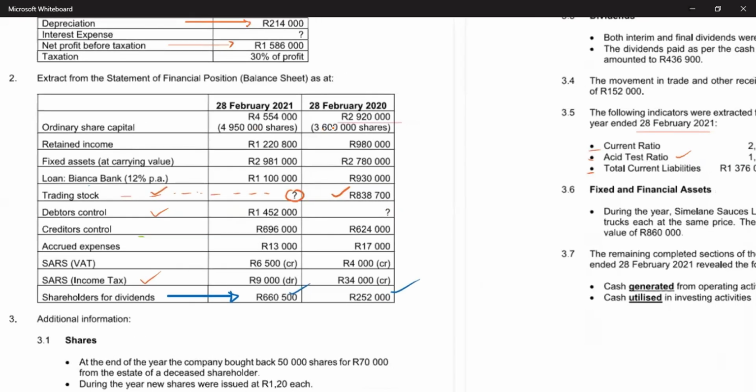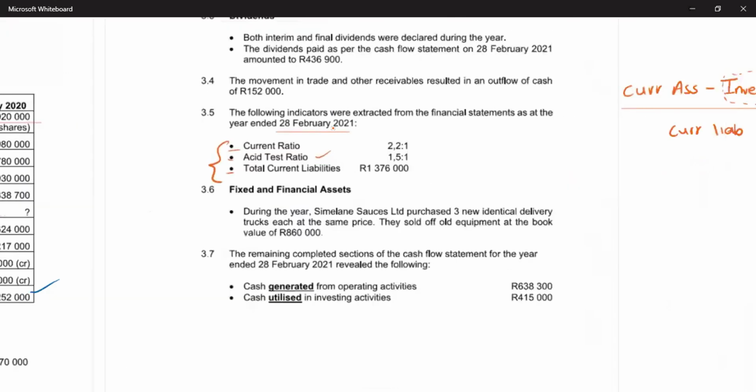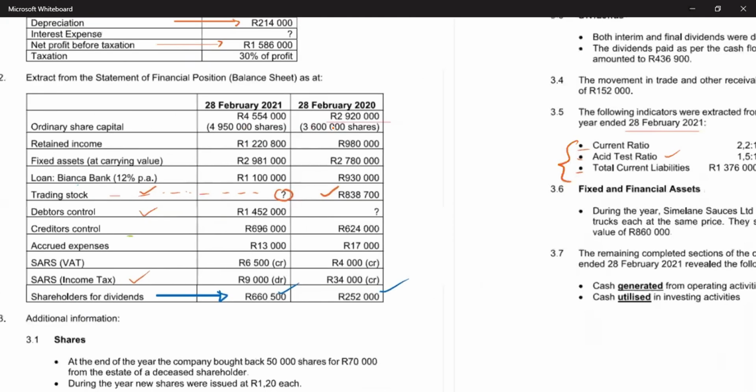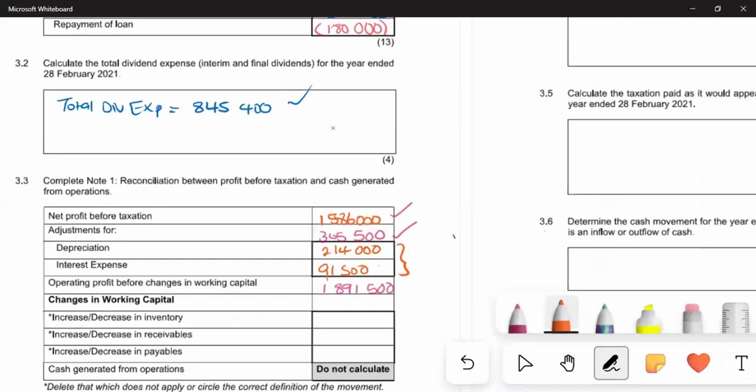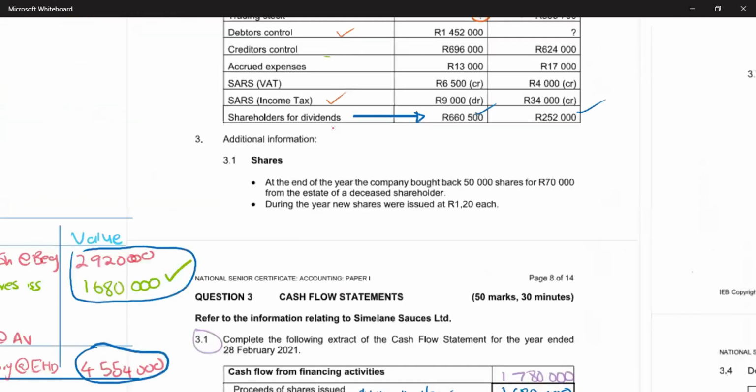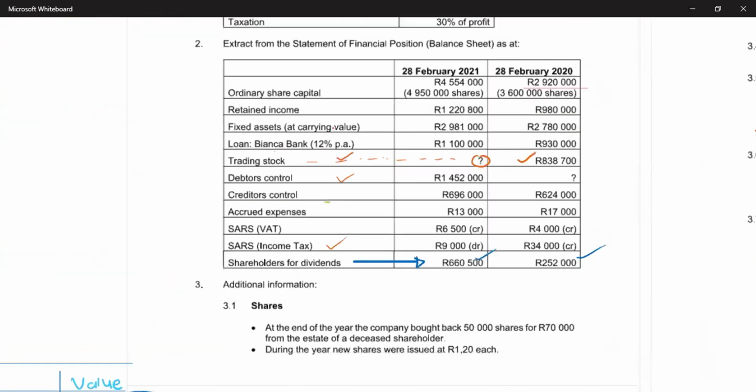If I can't calculate them manually, I would use ratios to calculate them. And now, which ratio am I going to use? It would depend on what I have. So I don't have current assets. Now, let me see my current liabilities, right? So I have to first identify them on the table. It will be my creditors control, accrued expenses. Remember, these are expenses which are not paid in full.